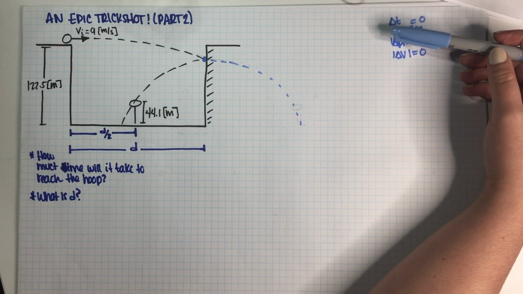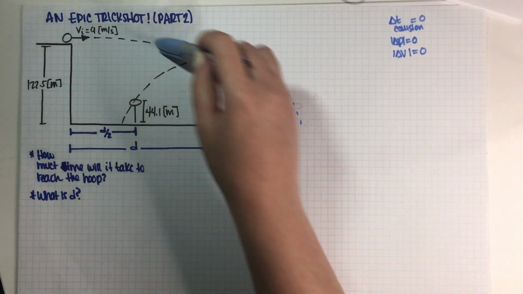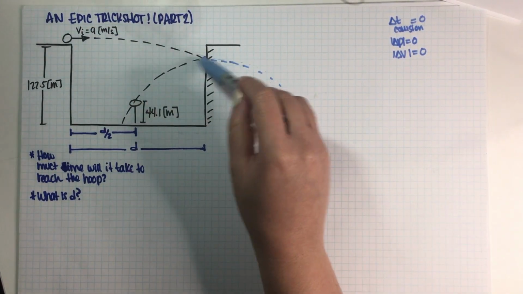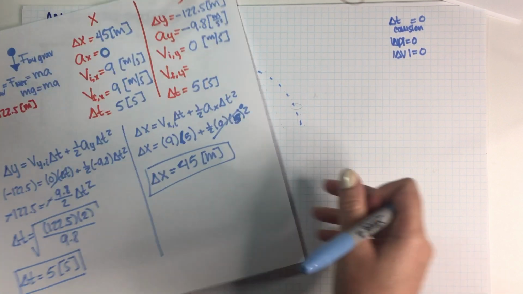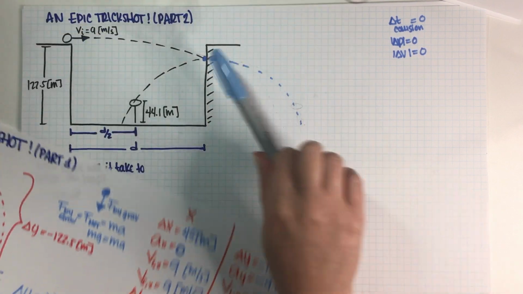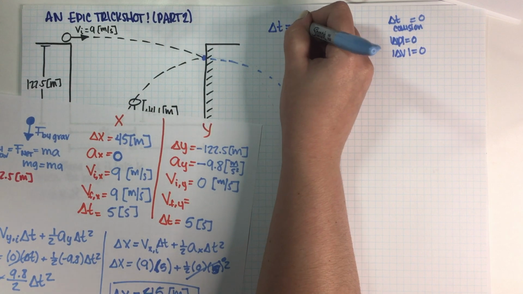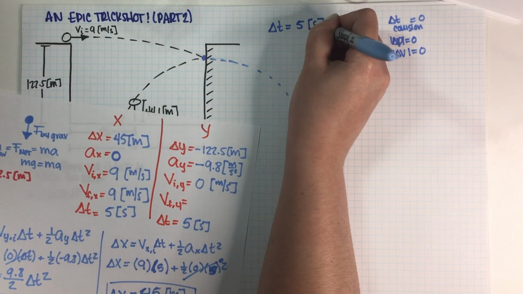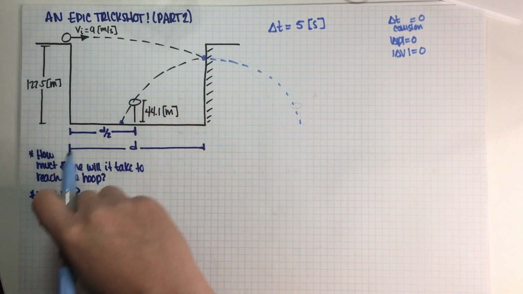So basically, what I'm trying to get to here is that this entire thing, hitting the wall and then bouncing back, happened in the exact same 5 seconds as before, because this basically didn't take any seconds. So delta t total is 5 seconds. Starting here, hitting the wall, getting here, 5 seconds.